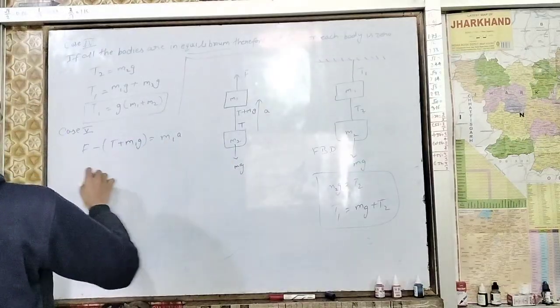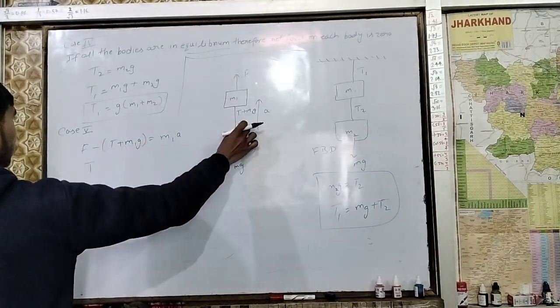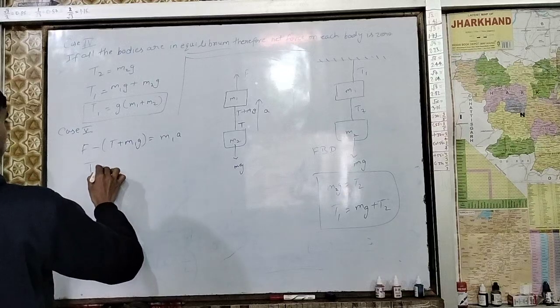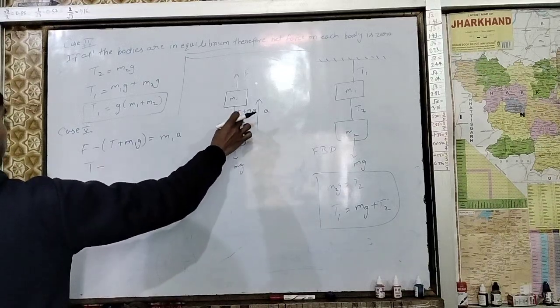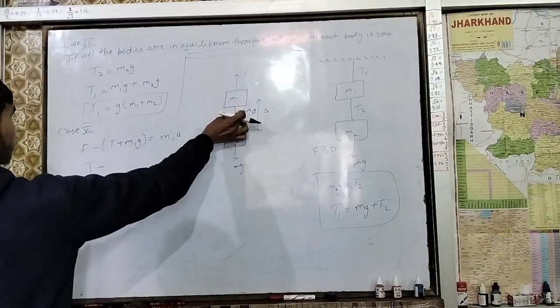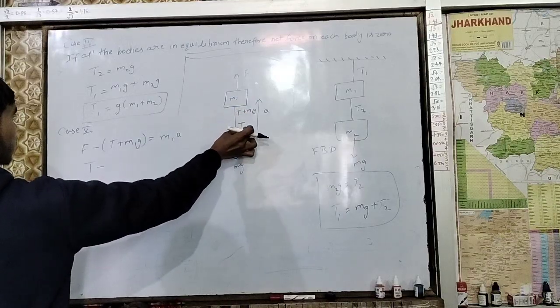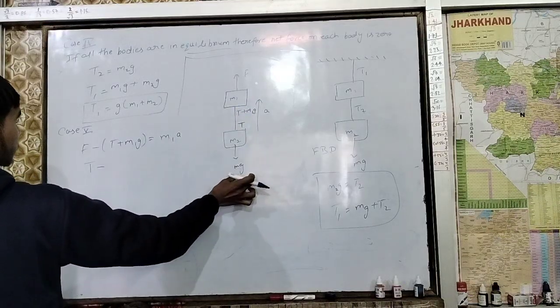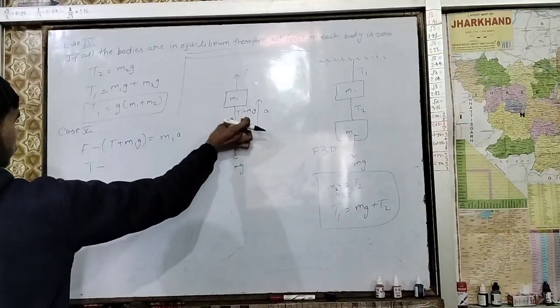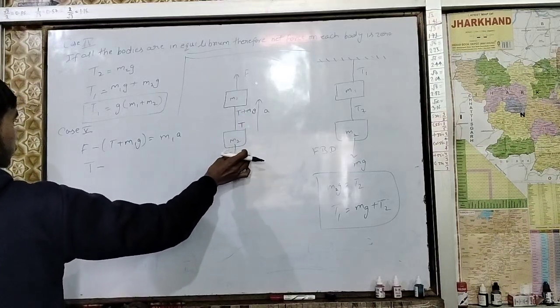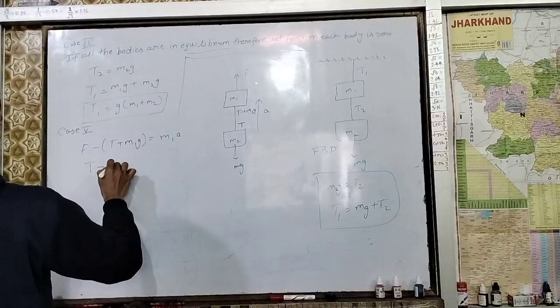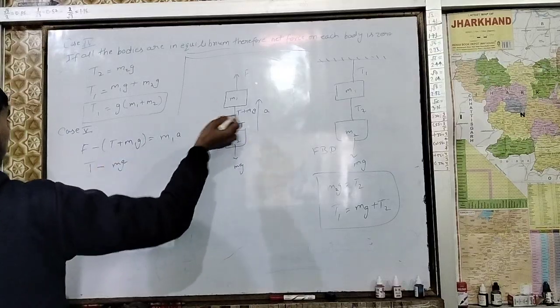Now for the second body, we have T minus mg. Here the tension is how much? This is T, and this plus mg for this system. Now T minus, over here the force is mg. So T minus mg is equal to ma.